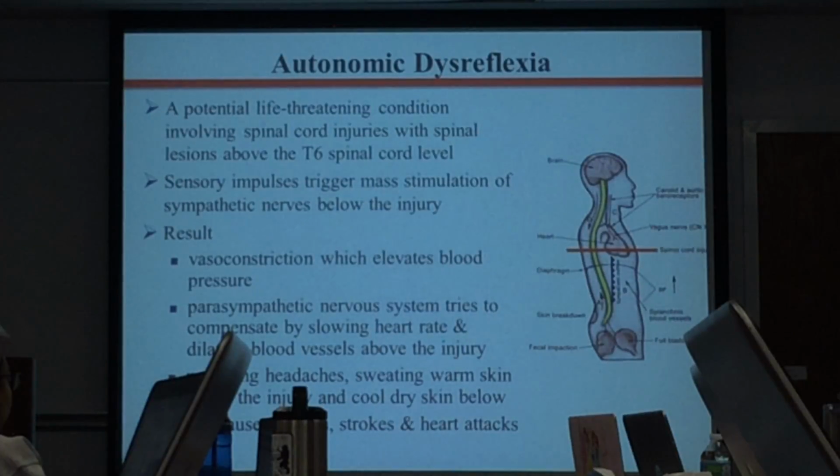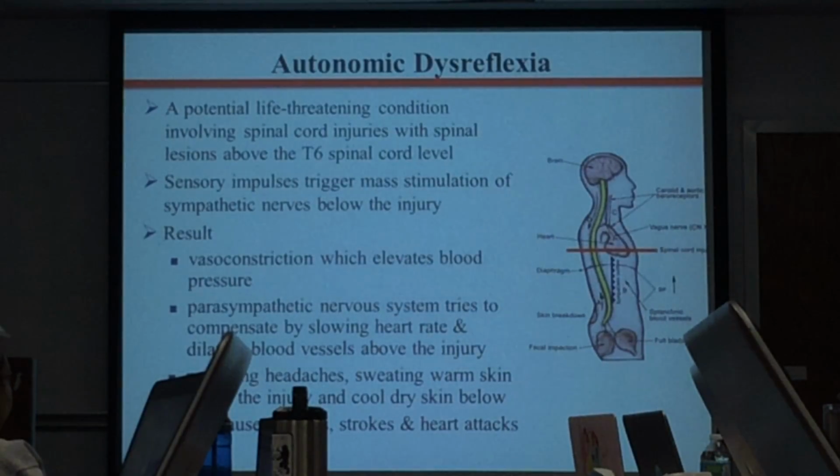So what happens is that the sensory neuron far at the bottom senses the stimuli. Let's say the back is broken or the spinal cord is broken, and the sensory neuron senses the stimuli and triggers mass stimulation of the autonomic nervous system. So you have tons of norepinephrine released at the lower part, T6 below.